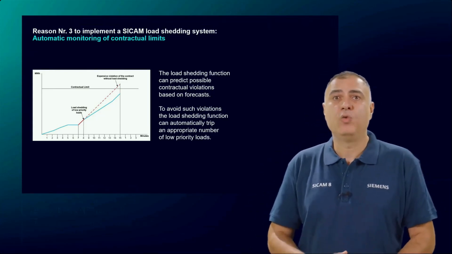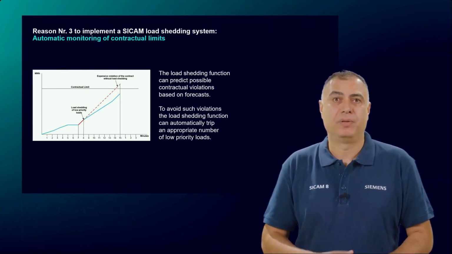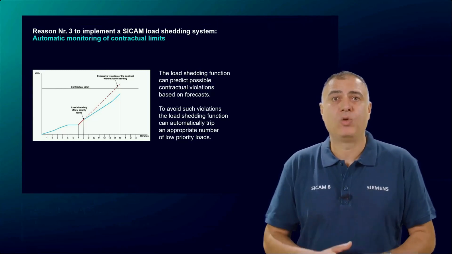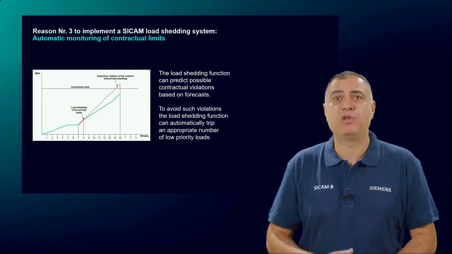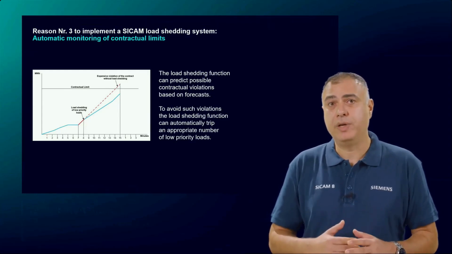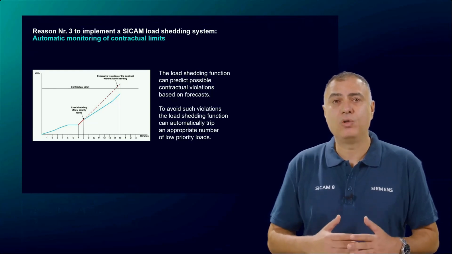This procedure will be repeated until the end of the monitoring period. This function makes it easy to prevent possible effects of contractual violations. Other algorithms for predicting energy exceedance are also possible.